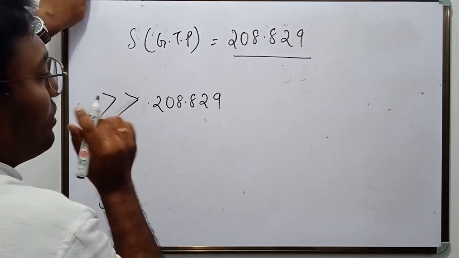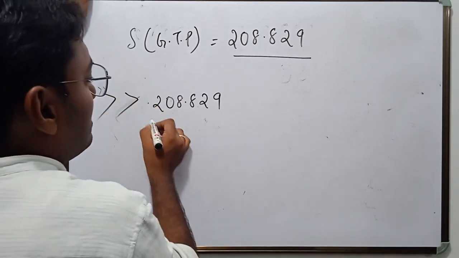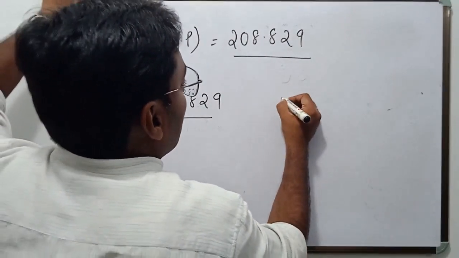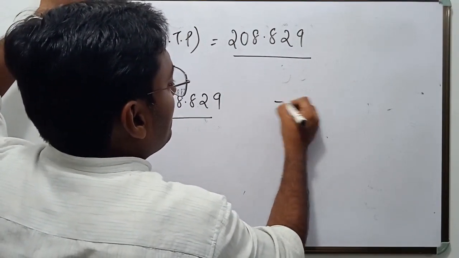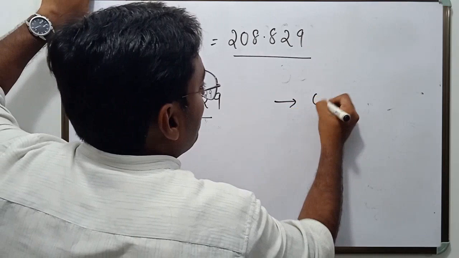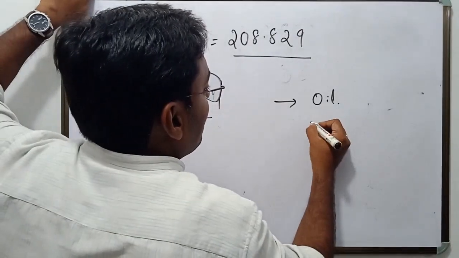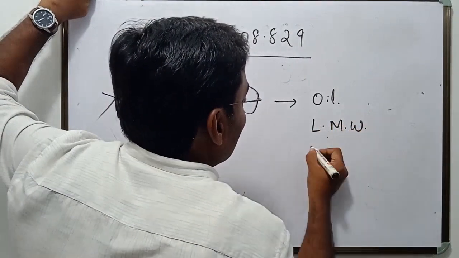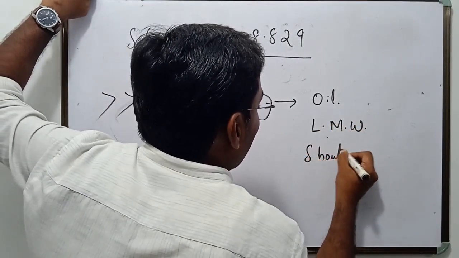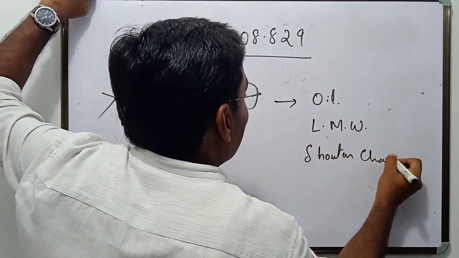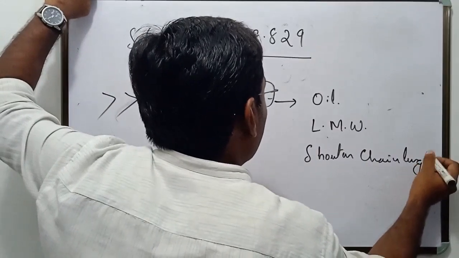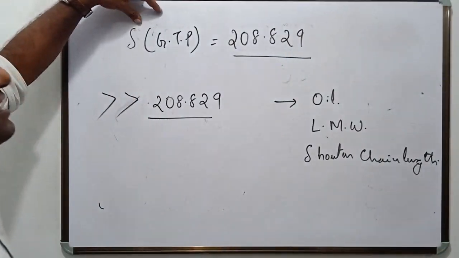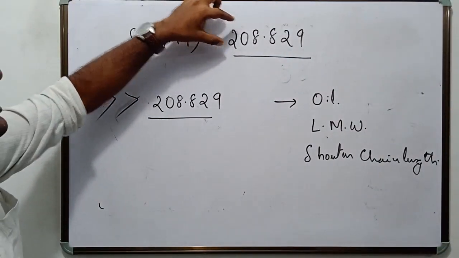then what does it mean? It means that it has been adulterated with oil that has low molecular weight and shorter chain length. Right? The inverse relationship. It gives you an idea on adulteration.